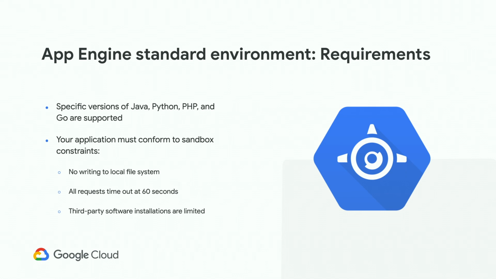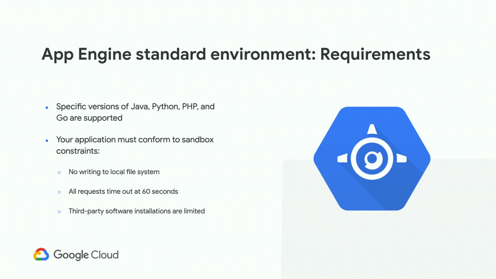What is that? You need to implement your business logic in specific versions of different programming languages, for example Java, Python, PHP, and Go, and they have to be specific versions. Your application must also conform to sandbox constraints, which means, because you need to scale very fast, everything under the scene also needs to scale very fast.